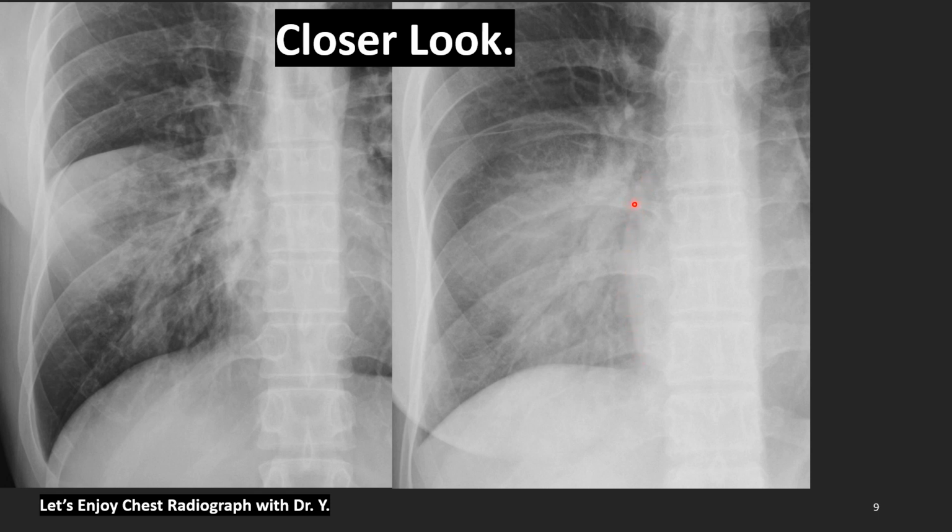Is it obscured or safe? Yes, it is clear here. This is the right heart border. And what about the minor fissure? No consolidation below. These findings are the difference between silhouette sign positive and negative.